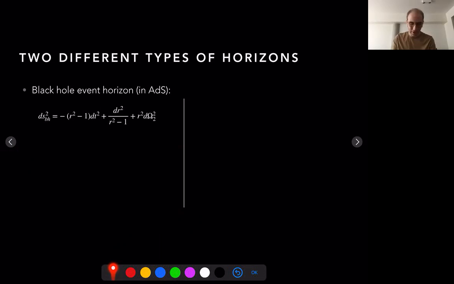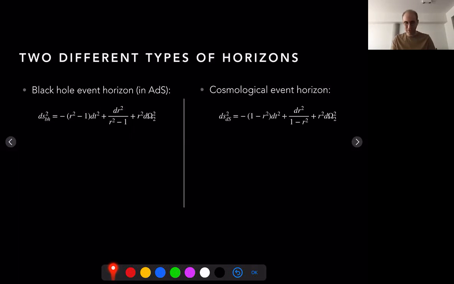Now I'm putting all the L's to 1, so L_AdS is 1 and L_dS is also 1. Here are the two metrics. As I was telling you, the f(r) factor is just turned around. Instead of r squared minus 1, we have 1 minus r squared.